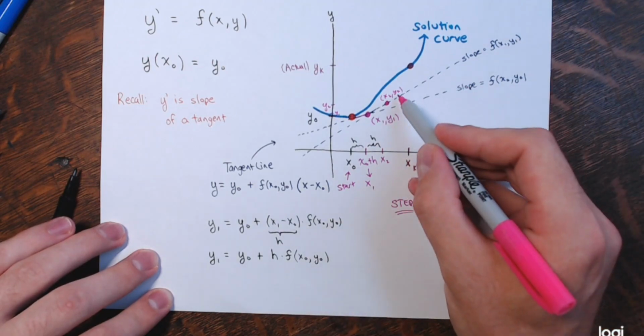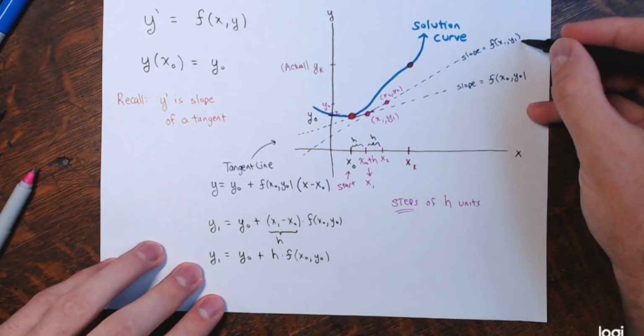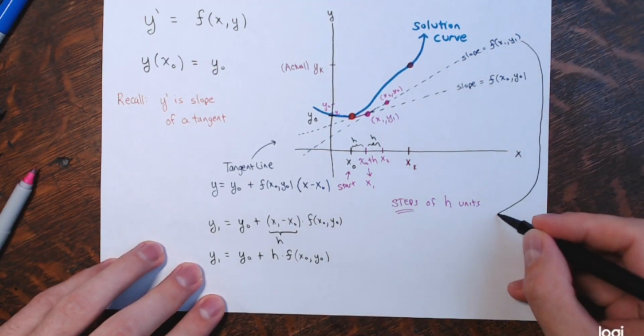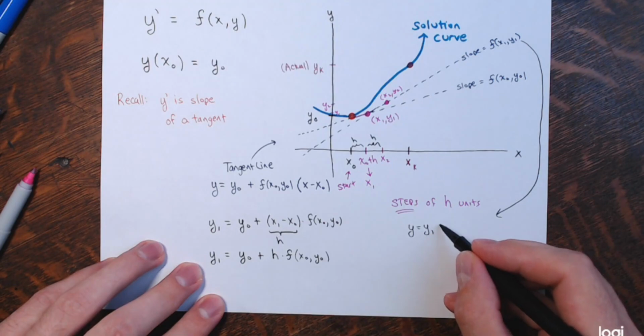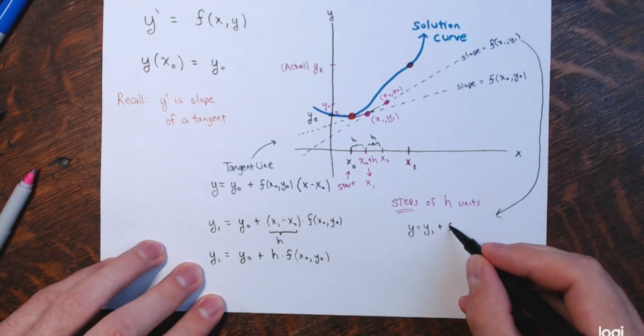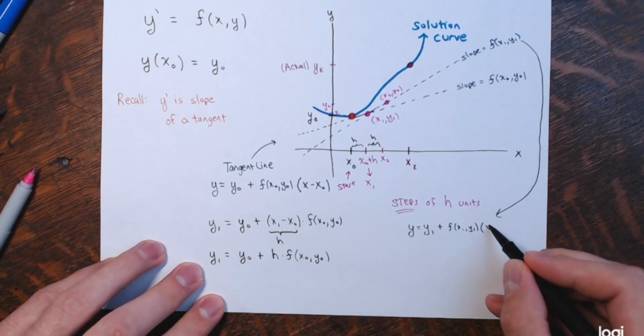And then my question is, what's y2? Well, the equation of this line would just be y equals y1 plus the slope f of x1, y1 times x minus x1.